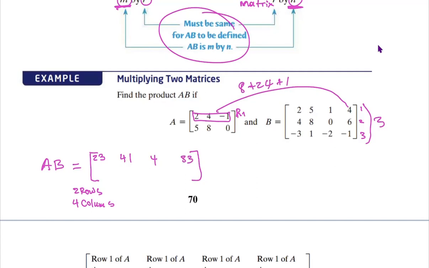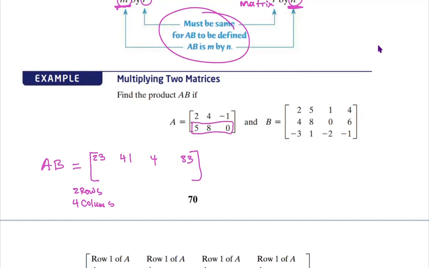Now that I finish with the first row in the first matrix, I can go ahead now, start my second row that will create the second row of my new product matrix. All right, so that's the row that I'm going to be working with, right?